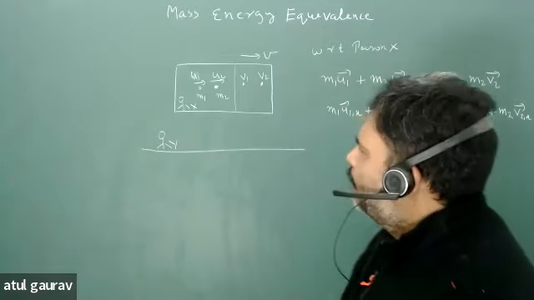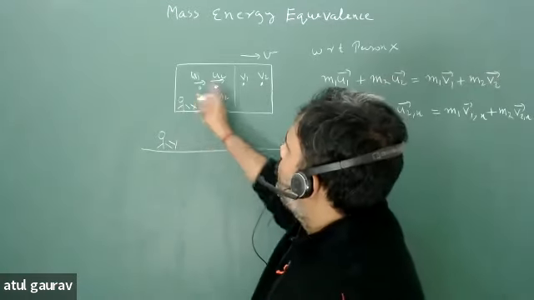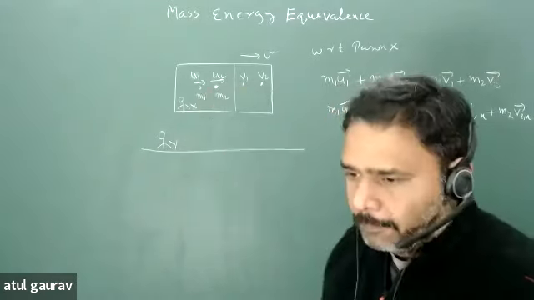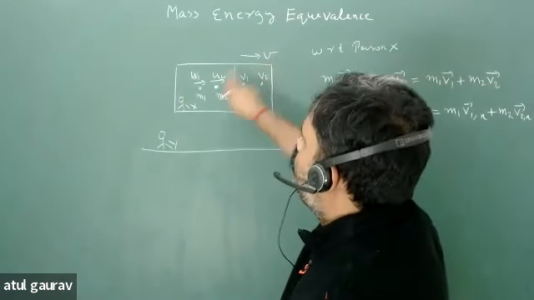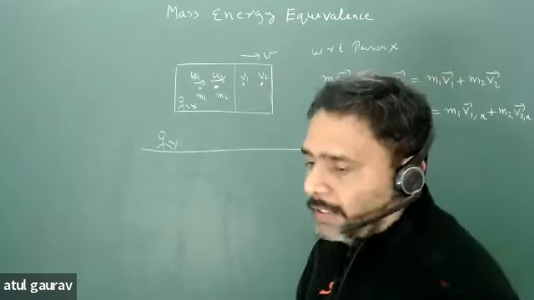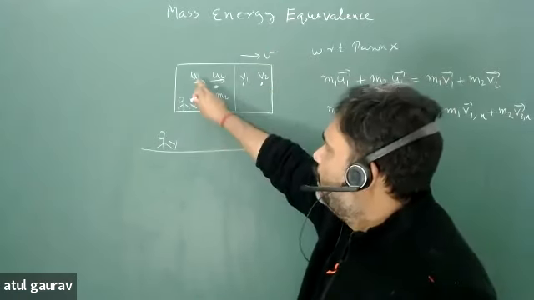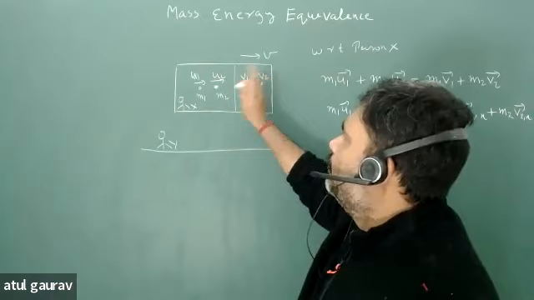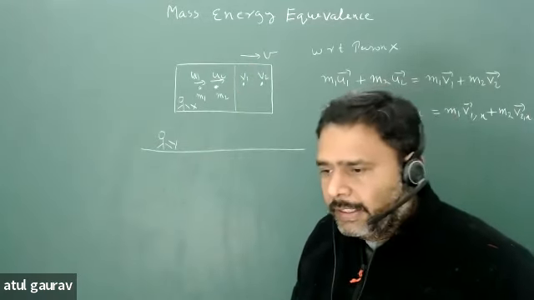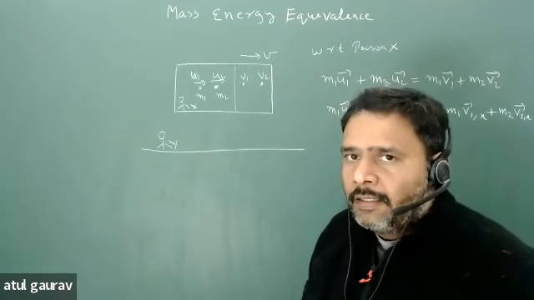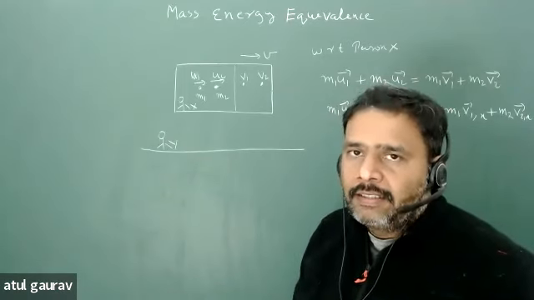But if this person is going to measure this by using the fact that this V is a relativistic velocity, and if U1, U2 and V1, V2 are also relativistic in nature, then what should be the final answer?